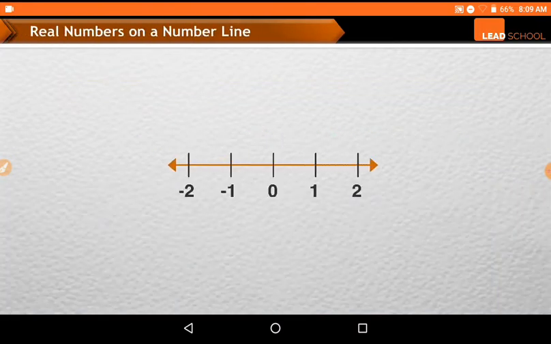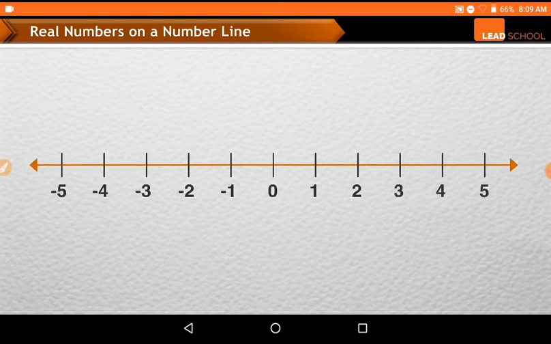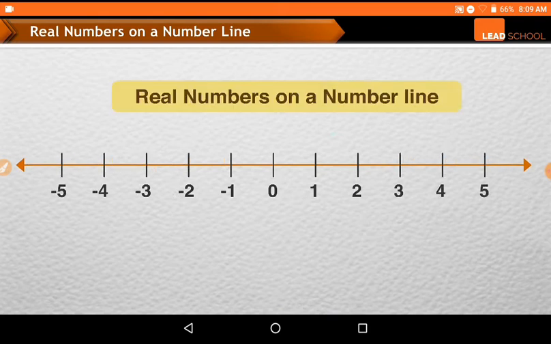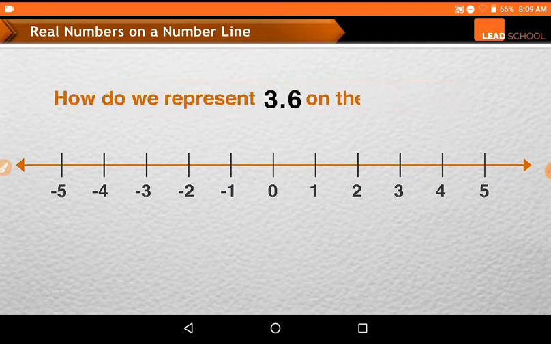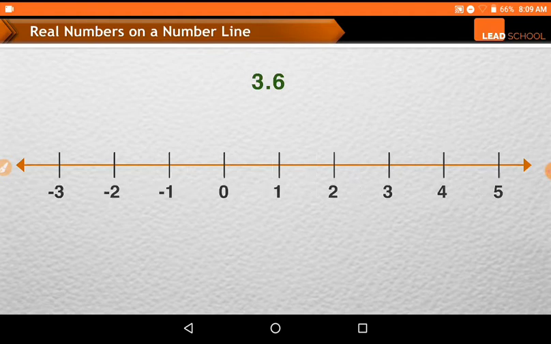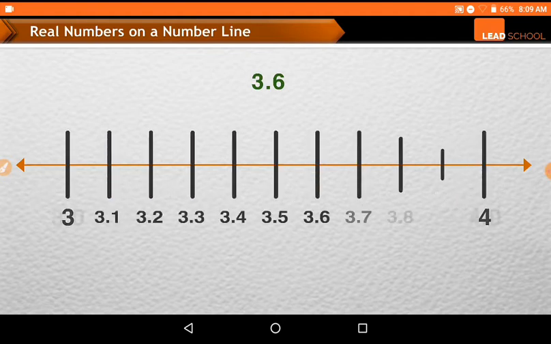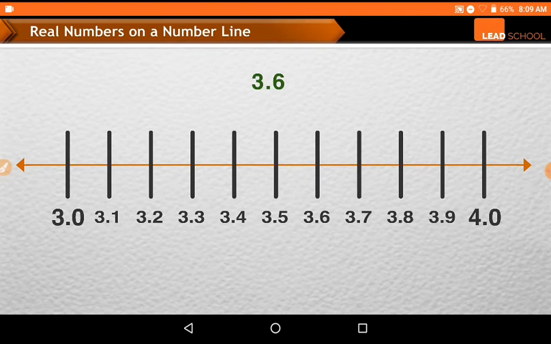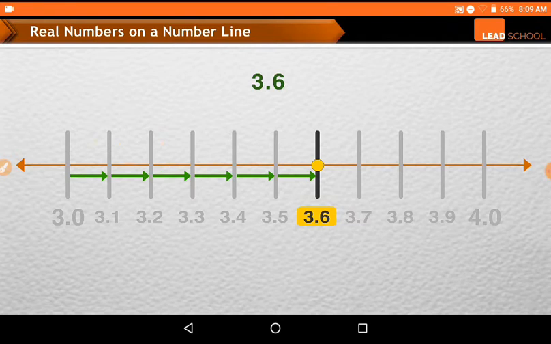We know that all real numbers have decimal expansions, and they can be represented on the number line. How do we represent 3.6 on the number line? We can split the portion between 3 and 4 into 10 parts. Then count up to 6 places from 3, and that's where you will locate 3.6.